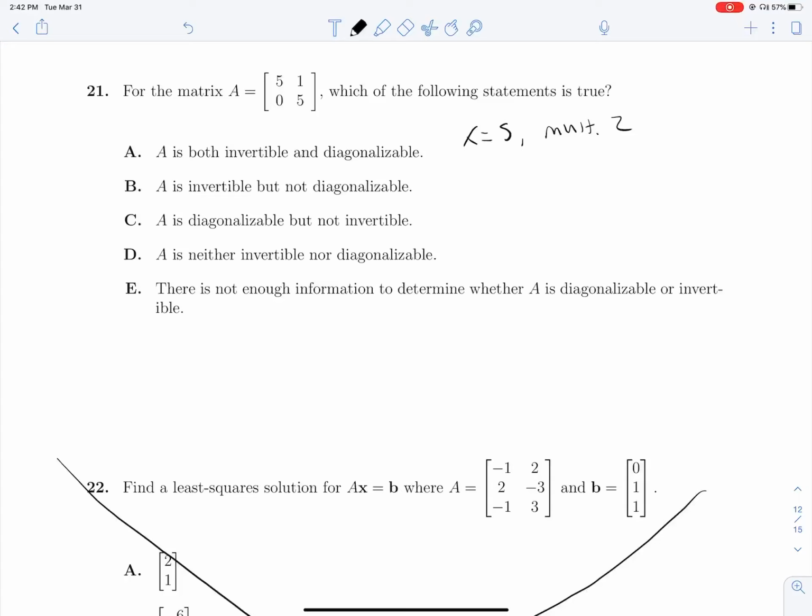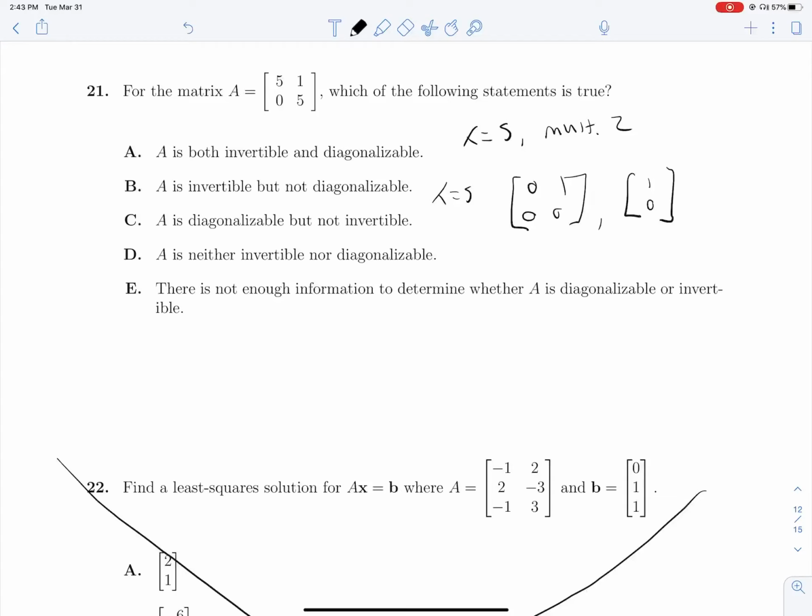So for lambda equal to 5, our matrix will become 0, 0, 0, 1. And the corresponding eigenvector for this is 1, 0. Because we only get one vector, and we would need 2 distinct eigenvectors to span R2, we cannot span R2 with our eigenvectors, so we are not diagonalizable.